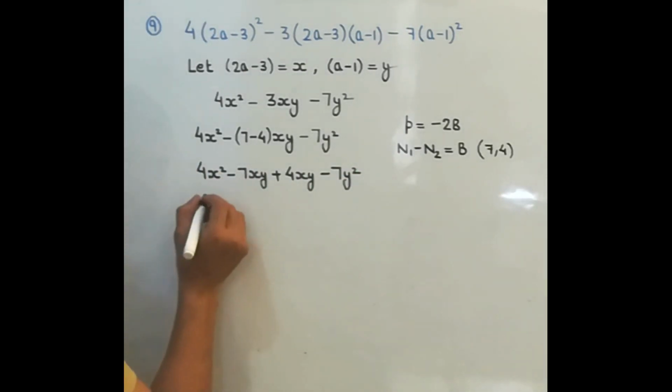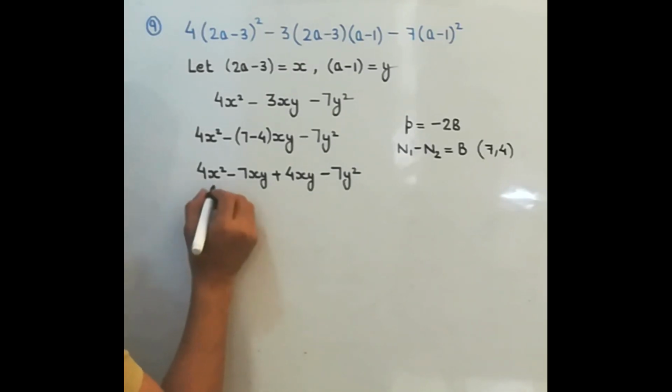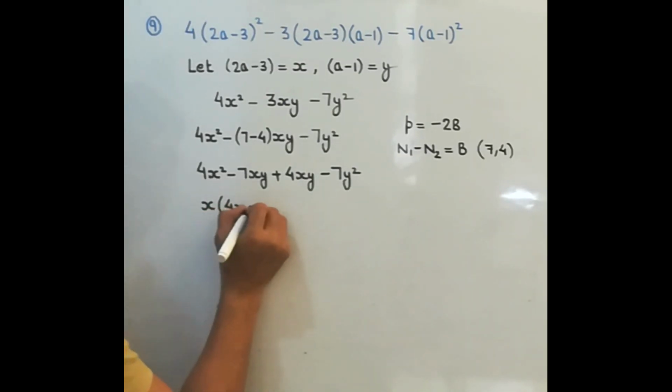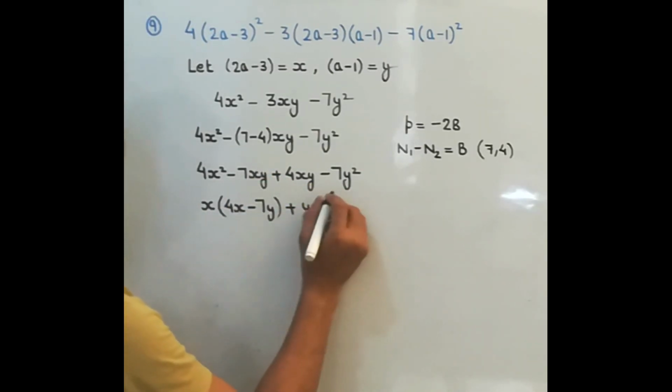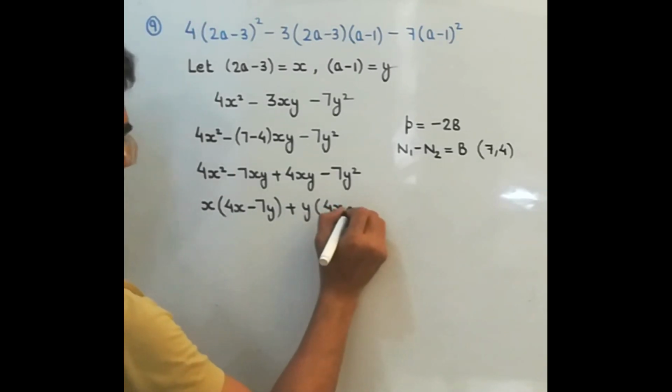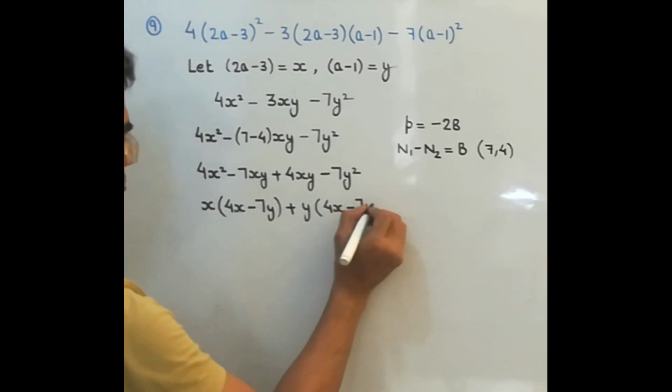So from the first group, x will be common, so 4x minus 7y. From the second group, y will be common, so 4x minus 7y.